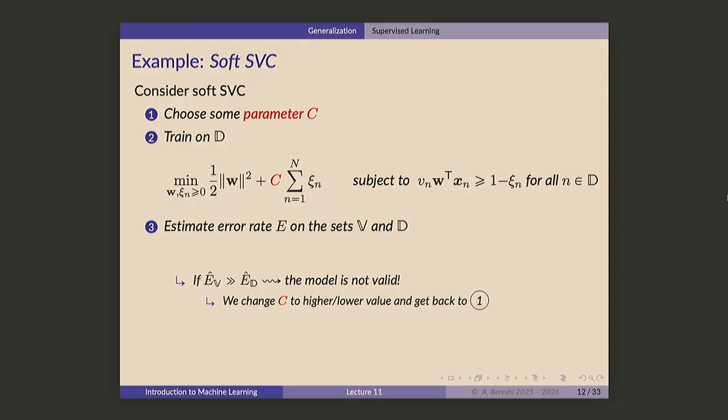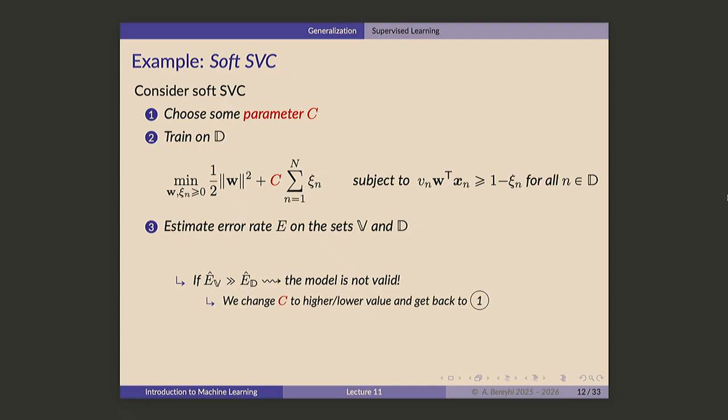So E is the error rate, and you are computing it by testing your validation set, right? Every sample inside your validation set, you classify it with your trained model, and then you see whether there is an error or not. If error, count 1. If not, count 0, right? And then you average them. What is the fraction of time you have error on the validation set? And E hat D is the fraction of time you have error on your training set, right?